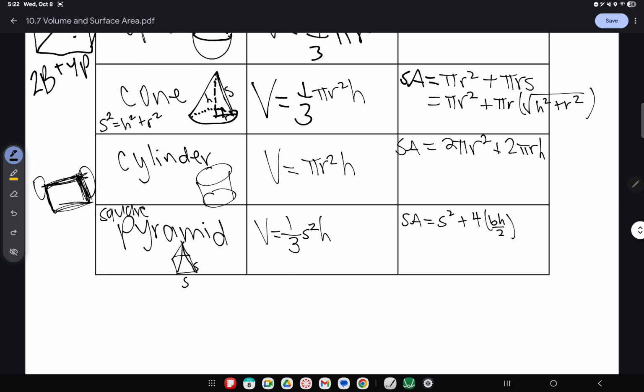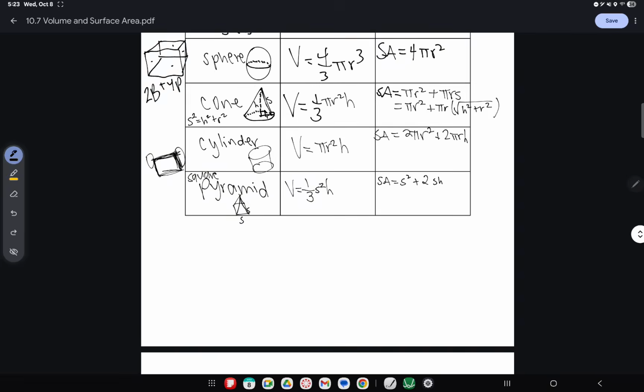Let's see, the base is the side of the square, so I can replace that with S. And then the 4 and the 2 can reduce because 4 divided by 2 is 2. And then go from there.